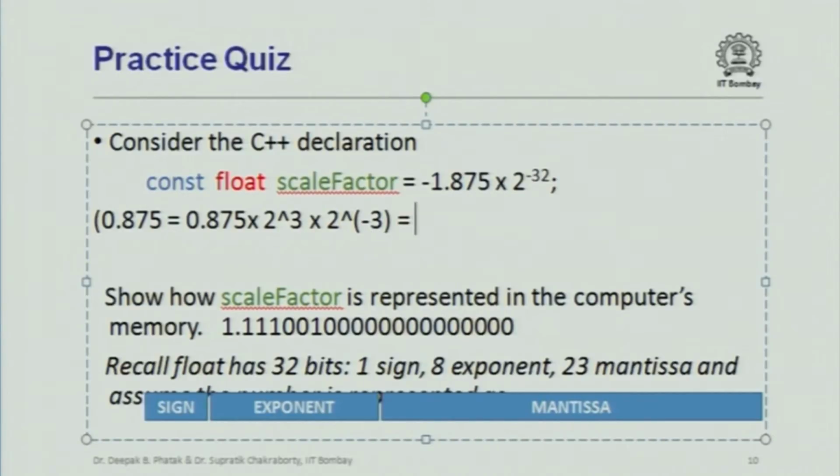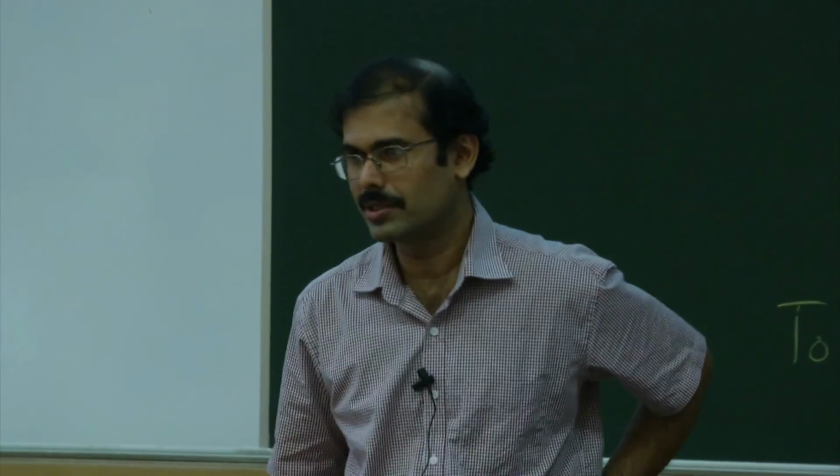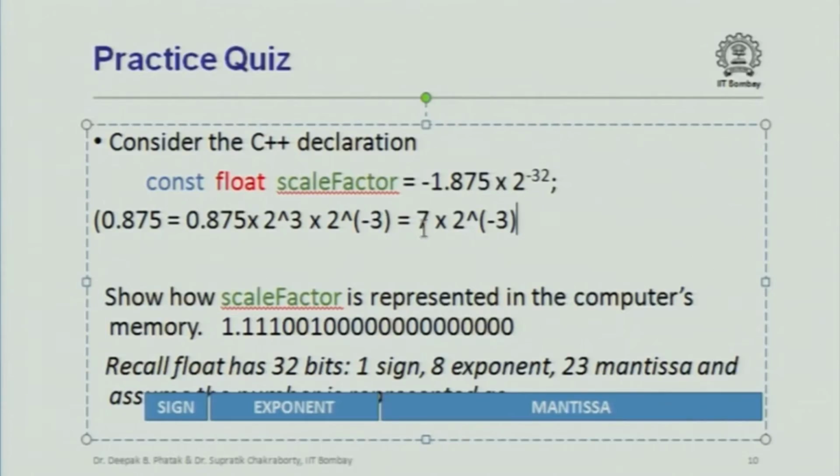So this is 7 into 2 raised to minus 3. How do you represent 7? 111, and 2 raised to minus 3 means shift the radix point. It's no longer a decimal point, it's a binary point now. 3 places to the left, so you get 0.111. So it's pretty much the same way that you convert integers to binary, except that you first have to multiply by an appropriate power of 2 to get an integer. You write down that integer in binary, and then you know exactly how many places to shift the point by.